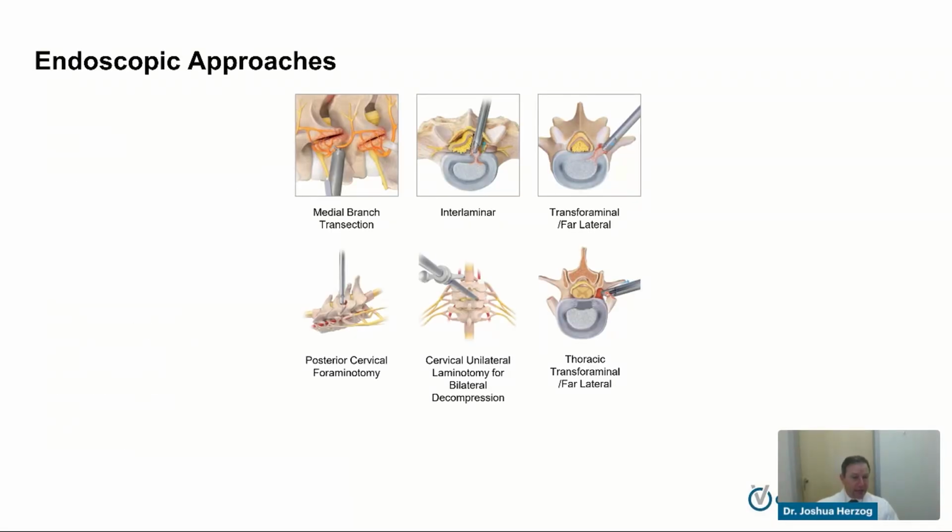In general, endoscopic spine just means that we're using a small camera, or what's called a scope, to do some work inside or around the spinal canal. Endoscopy has been around for a long time. The general surgeons, urologists, and OB-GYN doctors have been using it in the abdomen for a long time.